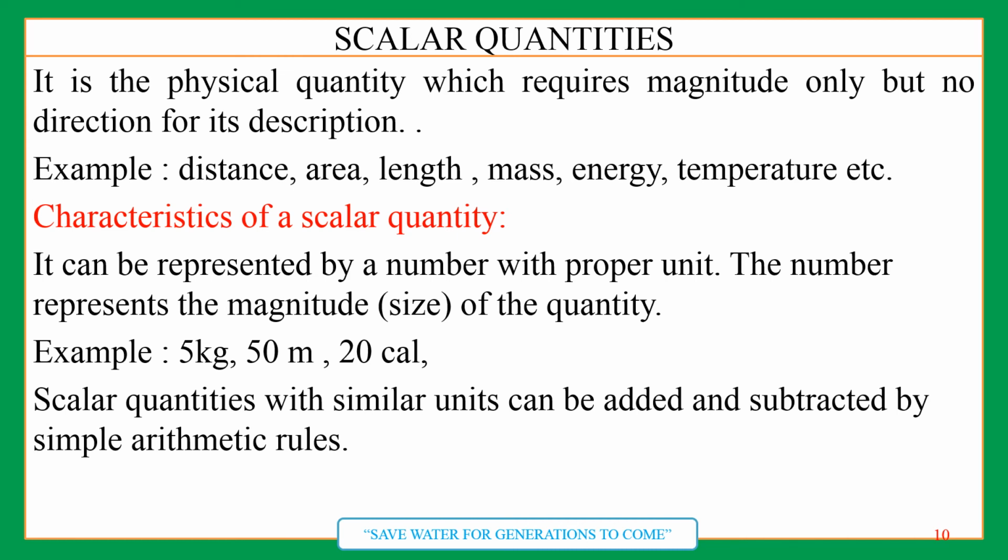But if somebody else gives you 700 grams of sweets, then the units are different, 700 grams and 5 kg. So we have to convert grams into kg, then we can add or subtract. The units are very, very important. Only numbers with similar units can be added or subtracted.